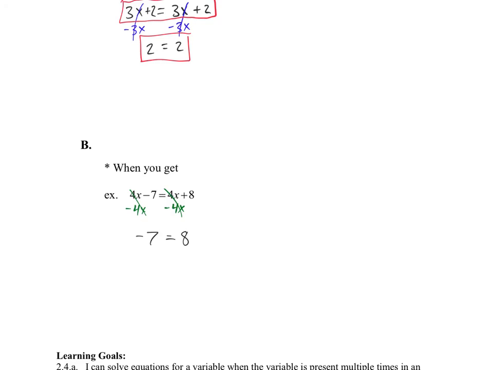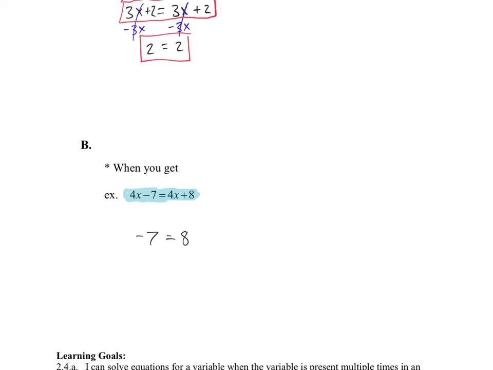And that's not true. Negative 7 never equals positive 8. So back in this original problem, it really doesn't matter what you have in here, because no matter what you put in for x, you're never going to make that true, because the 4x's will both be identical to each other, and then you still have negative 7 equals 8.